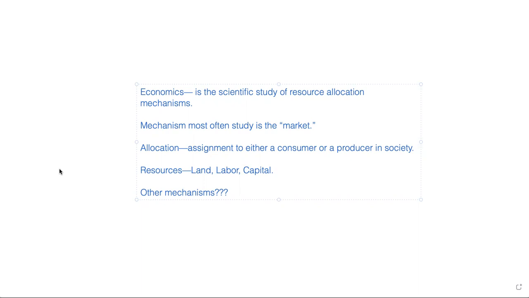Do you see what I mean, Keontae? Yeah. So mechanism is a mechanics type thing. Like this goes to that person, this goes to another person, or a business.